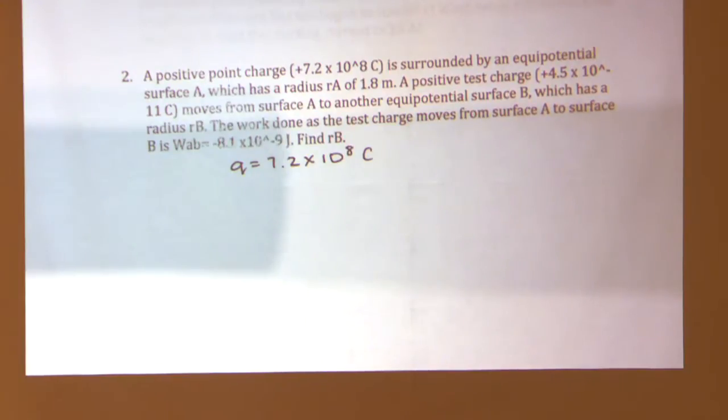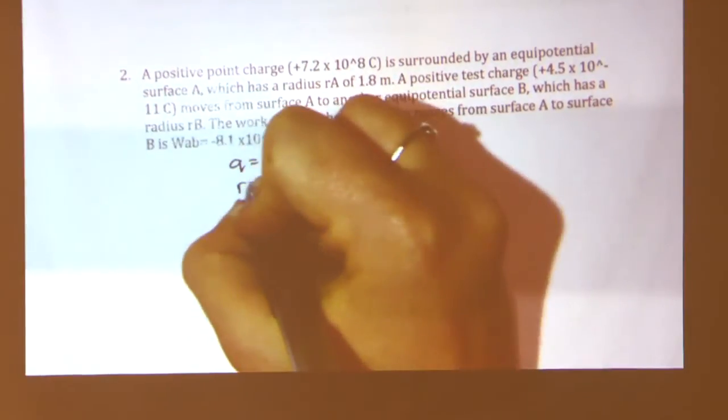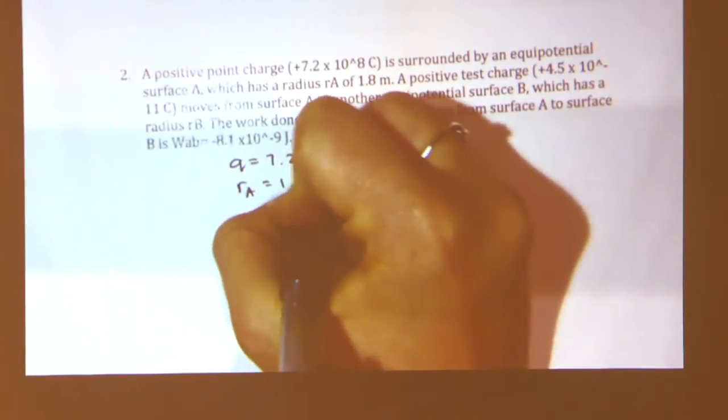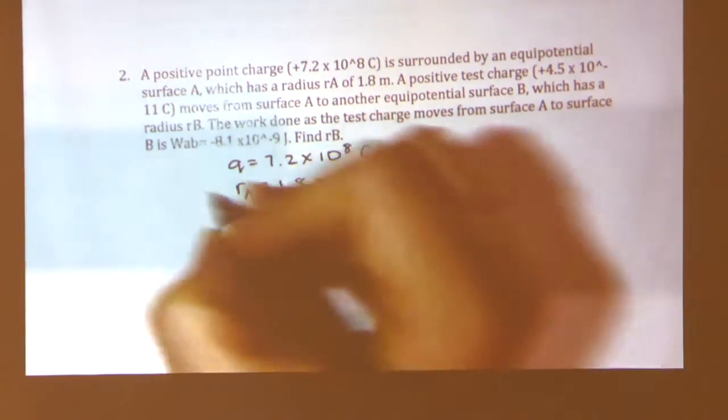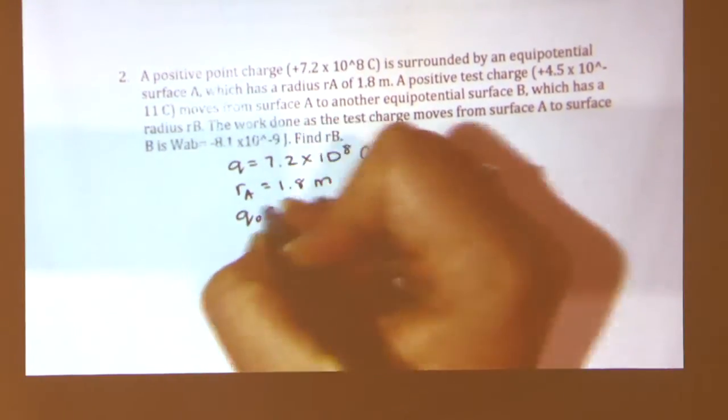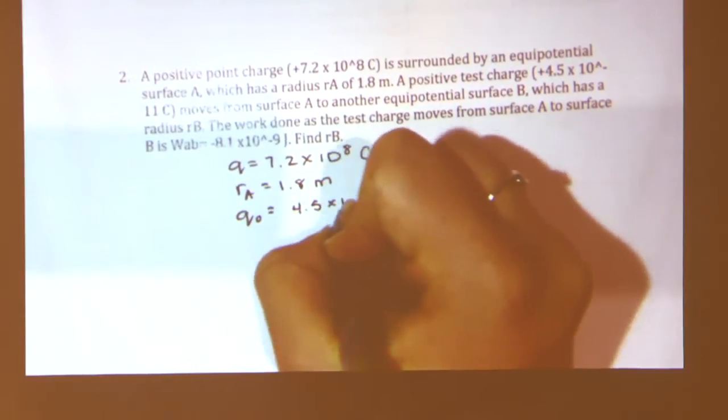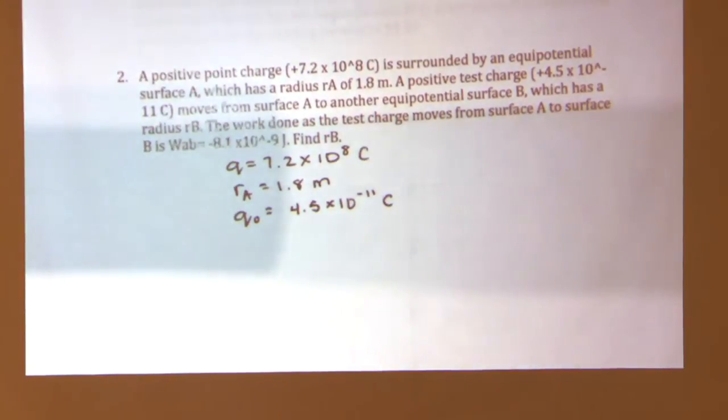And this surface A has a radius RA of 1.8 meters. And then a positive test charge is 4.5 times 10 to the negative 11. So I'm going to label that as Q naught, 4.5 times 10 to the negative 11 coulombs.